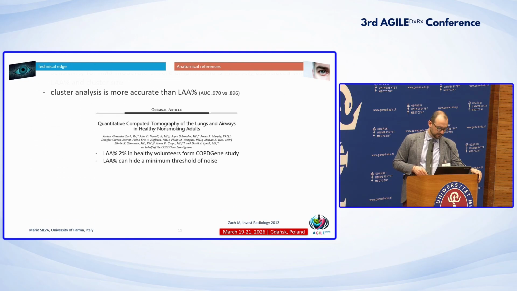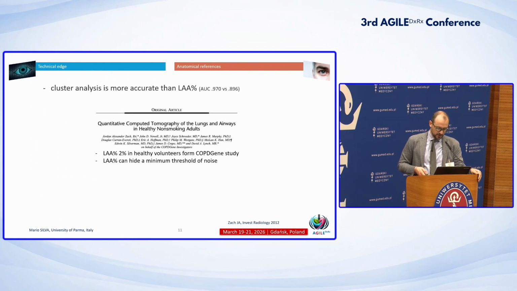by LAA percentage. And this goes back to different data, the COPDGene data, where full dose CTs were used. They found that also in healthy volunteers, you could find a 2% extent of LAA percentage.